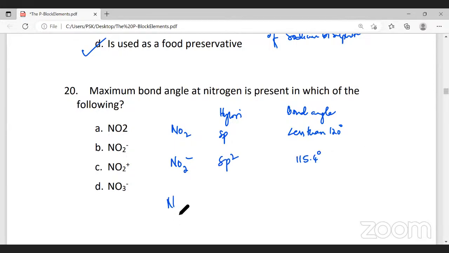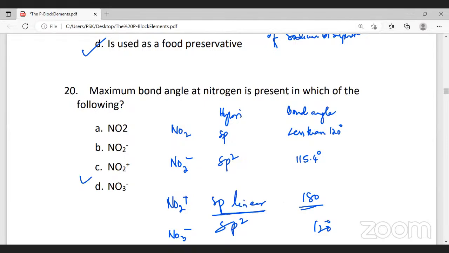NO2 plus is sp, it is linear, and the bond angle is 180. And NO3 minus is sp2, and the bond angle is 120. The answer is option C, NO2 plus. Since it's a linear molecule, it has the bond angle 180 degrees.